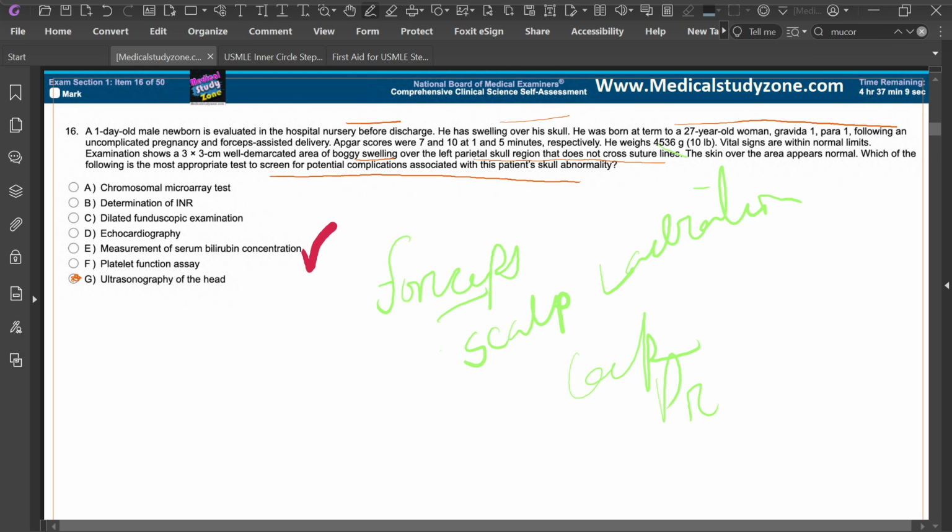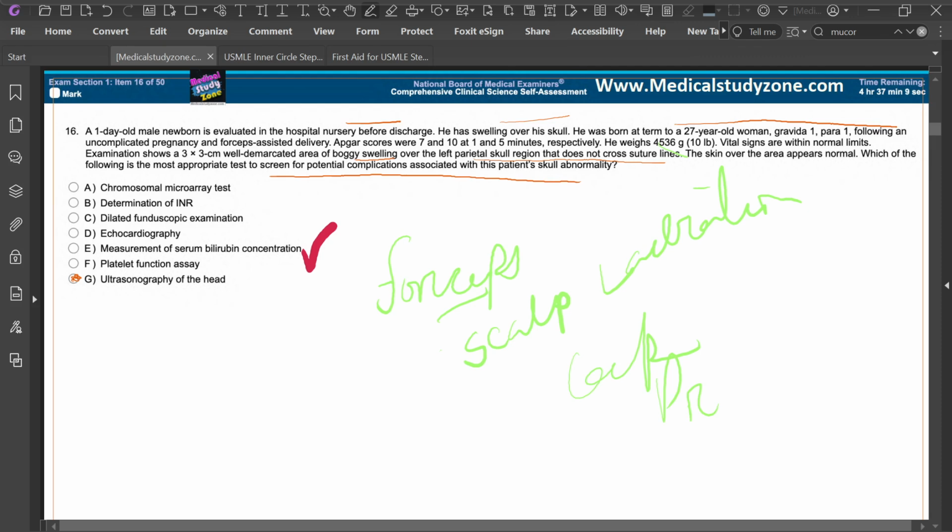when the blood vessels that supply the periosteum are torn, blood accumulates between the periosteum and the skull. It is not typically immediately apparent at birth, but rather develops over the course of hours to days.